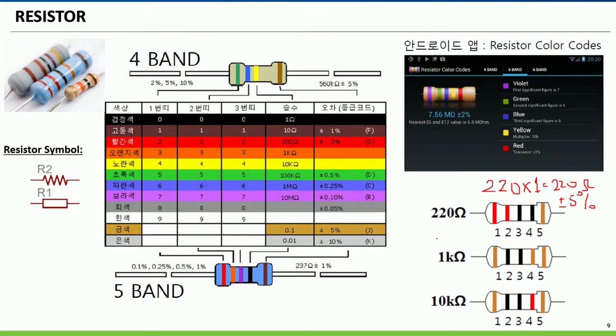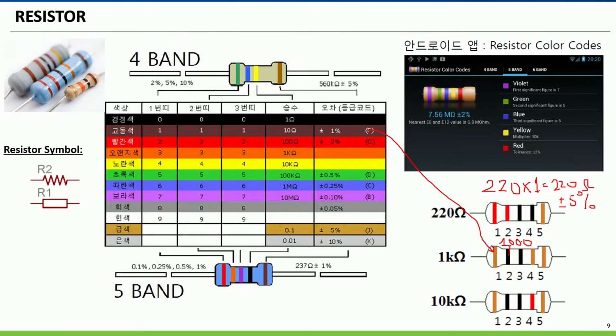In the second case, this color is the second color. This color, chocolate color, brown, is the 1, and this one 0, black, second color, third color is also 0, and this one also is the gold color.